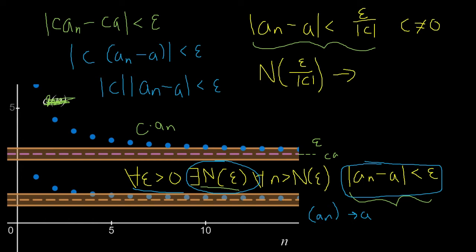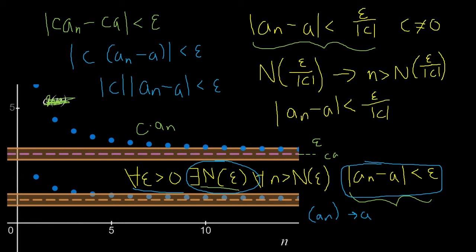This means that for all n greater than N of epsilon over the absolute value of c, we have |a_n - a| < epsilon over the absolute value of c. This is based off the fact that this original sequence will get epsilon over c close to its limit.